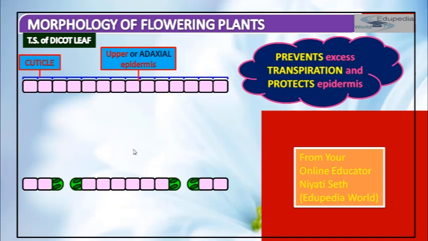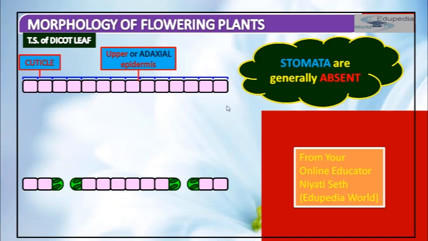Multicellular hairs called trichomes are present on both the layers, and stomata are generally absent in it. Students, please note that the upper epidermis is known as adaxial and the lower one is called abaxial.